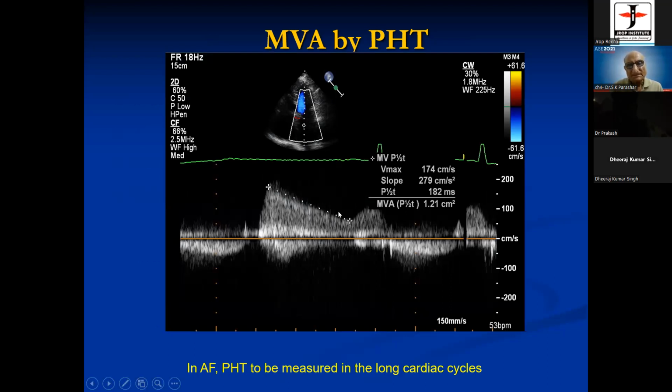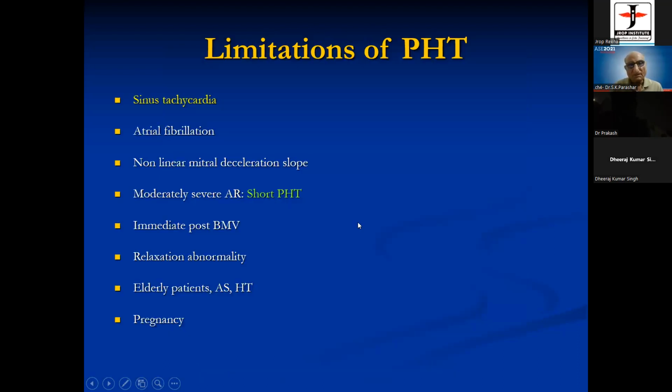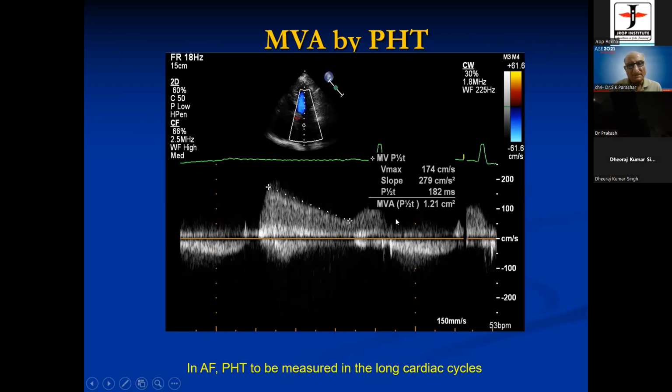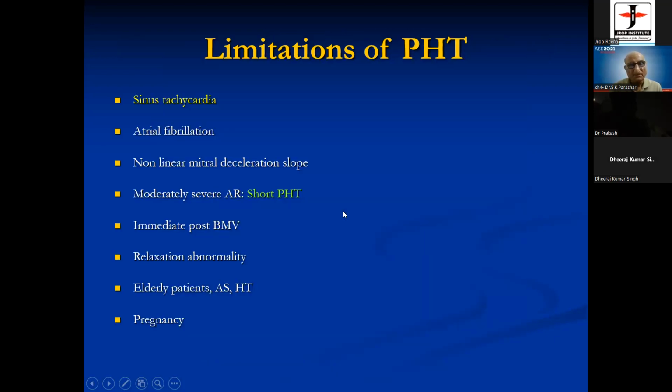Unless you get this slope, you will not get a mitral valve area. When there is a tachycardia, with the heart rate significantly increased, you don't know where to put a slope, so you cannot calculate the mitral valve area.